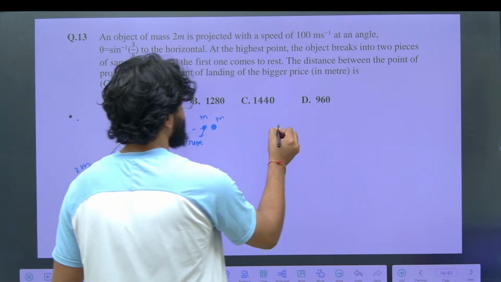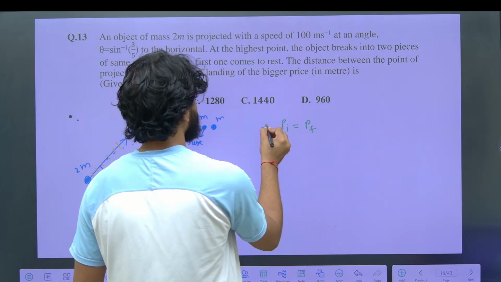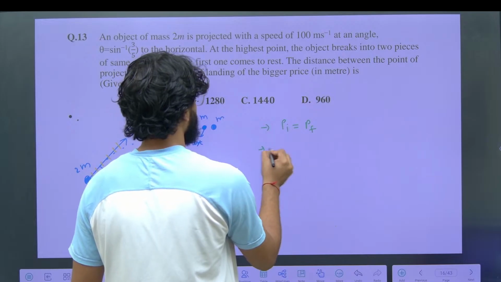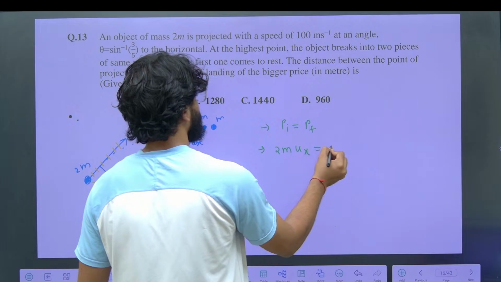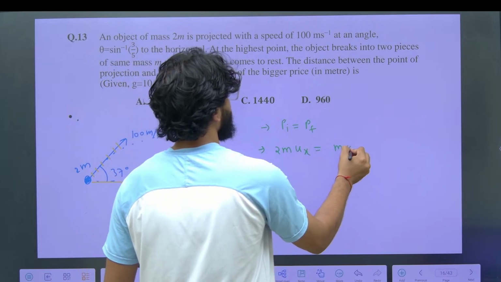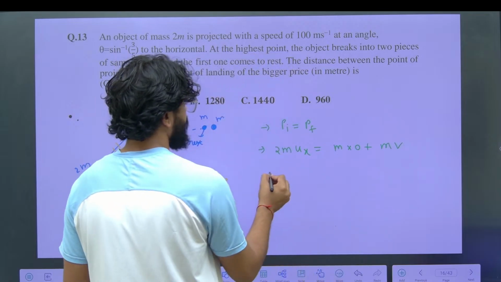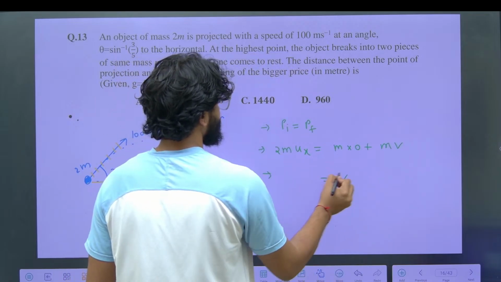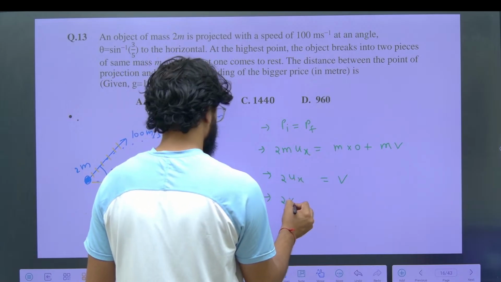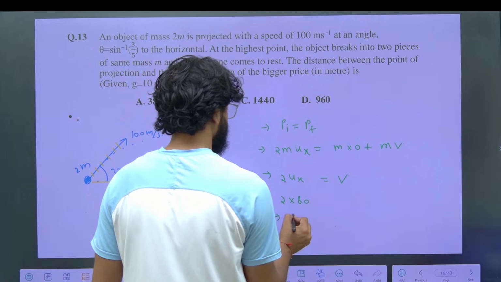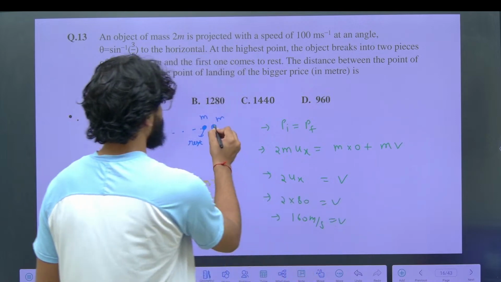So we can write pi equals to pf. Just before explosion at the highest point, we can write 2m ux equals to m into 0 plus m into v. Correct. So from here v is coming out as 2ux. Correct. Which is 2 into 80, which is 160 meter per second. Okay. That is the velocity of this guy v.